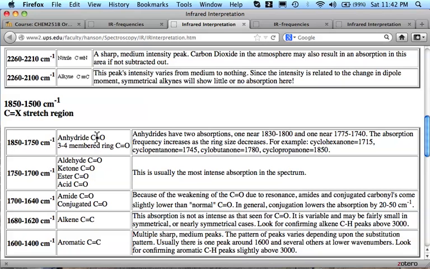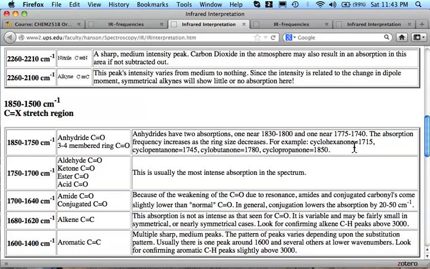That could be an anhydride, which is a functional group we'll be talking about a little bit later this semester. It actually has two absorptions. You'll see when we look at the anhydride functional group, there are two carbonyls. Acid chlorides, which we'll also be talking about, also often come up in this region around 1800. But another unusual thing is that the ring size, if we're in a ring, can also influence the carbonyl frequency.